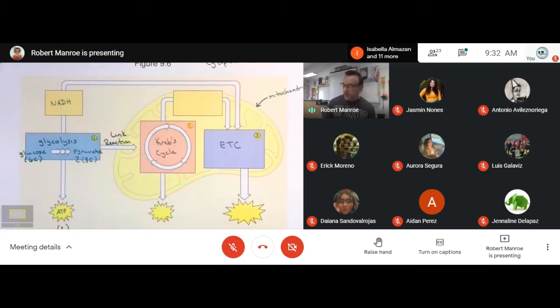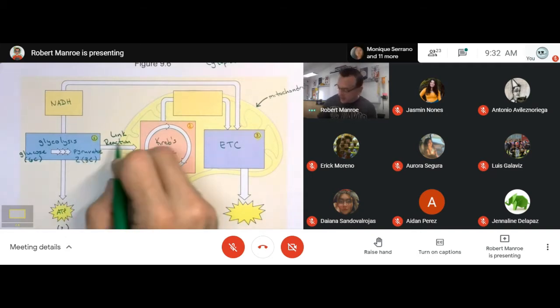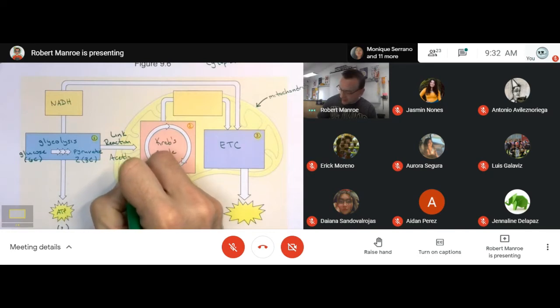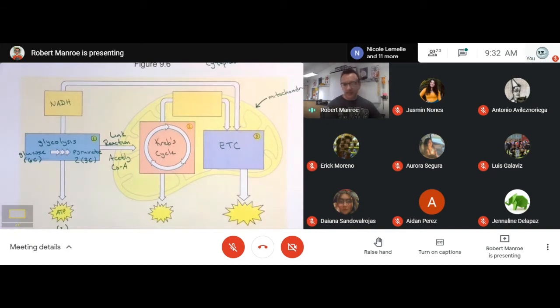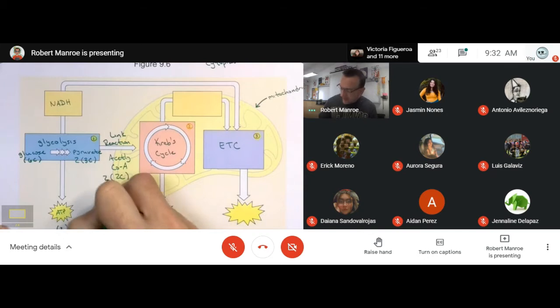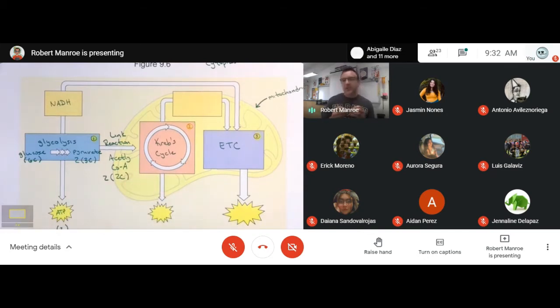The link reaction converts 2 pyruvate into what are called acetyl coenzyme A, but nobody says acetyl coenzyme A. We don't say the coenzyme part. We just say acetyl-CoA. What happens is this is a 2-carbon compound, and the 2 carbons by themselves are so loaded with high energy electrons, they're unstable.